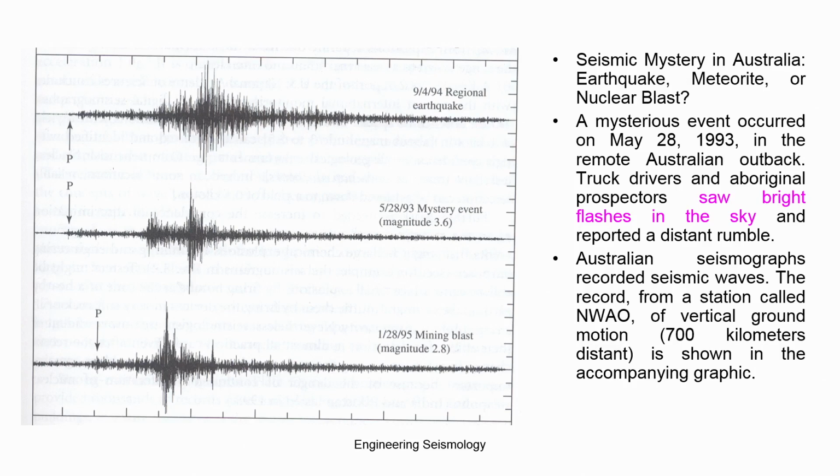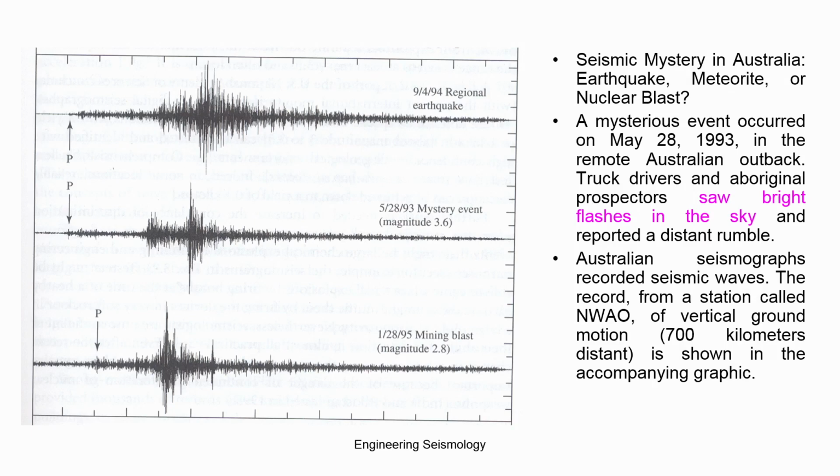You can see the similar recording below, dated 5/28/93, which is called a mysterious event. Why? Because this happened in the remote Australian outback, where a truck driver and a prospector saw a bright flash in the sky and reported a distant rumble.